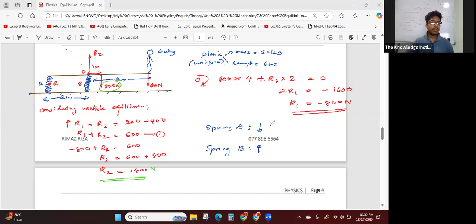Spring R1 is 800 Newton, and this is 1400 Newton, which means that spring A is under compression. This spring experiences a compression force.